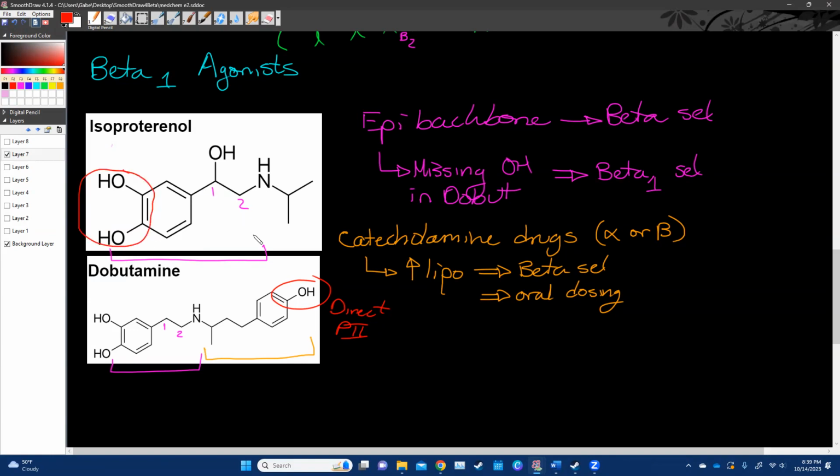Would these be used for direct phase 2? How come? Why not? Exactly. These are going to go through catechol-O-methyltransferase, right? Remember, these are all catechols.